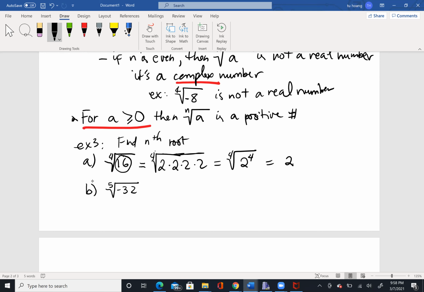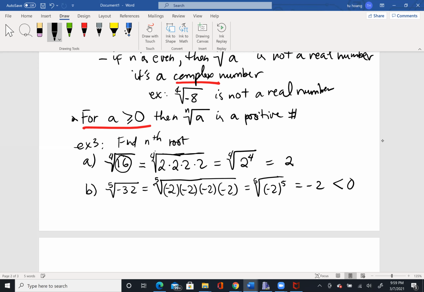I will rewrite and factor this negative 32 as the fifth root of negative 2 times negative 2 times negative 2 times negative 2 times negative 2. That rewrites as the fifth root of negative 2 to the power 5, and that just gives you negative 2. That is less than 0, as in the note that we have right above.